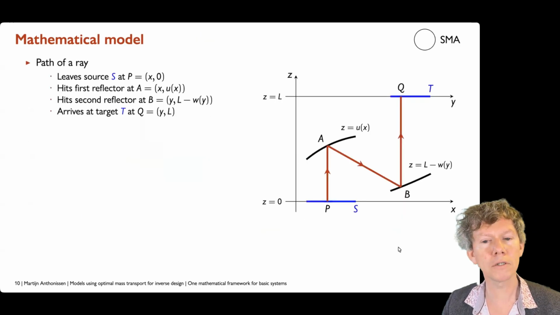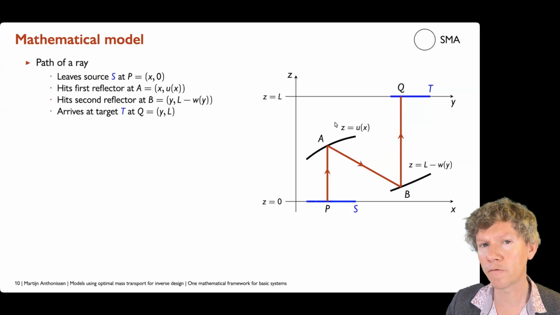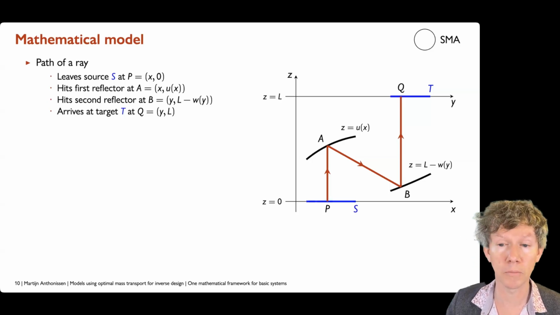The way we model this is that we introduce some coordinates, so x and y for the source and target coordinates. The z-axis is the optical axis. A light ray leaves here at the point P and hits the first reflector, and z = u(x) is the description of the first reflector, so the shape. So u is an unknown function that I'm trying to find, trying to compute.